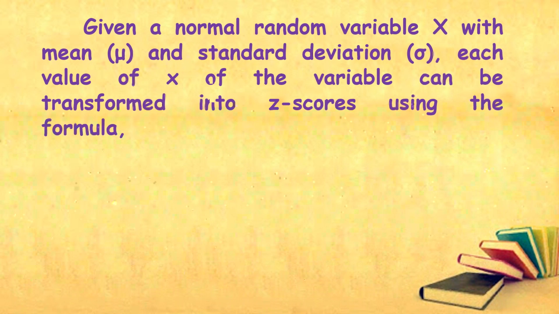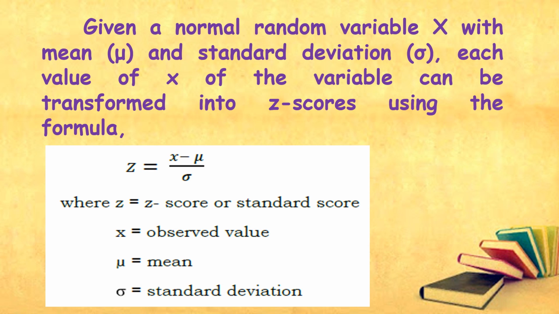Given a normal random variable x with mean mu and standard deviation sigma, each value of x of the variable can be transformed into z-scores using the formula z equals x minus mu divided by sigma. Ito yung gagamitin nating formula, where z is the z-score or standard score, x is the observed value, mu is the mean, and sigma is the standard deviation.